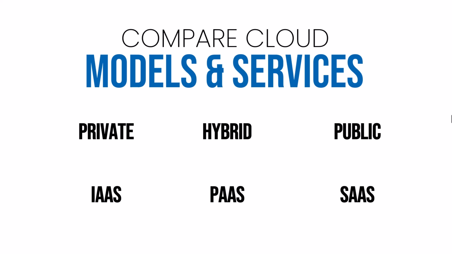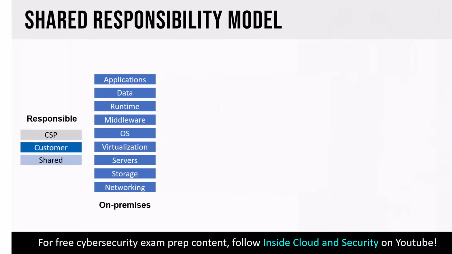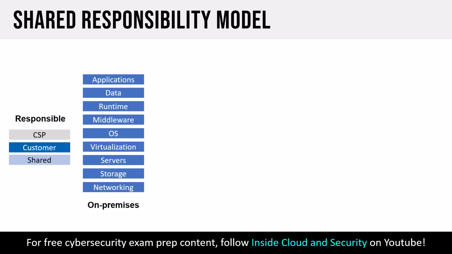The best way to approach these for the exam is to examine them through the lens of the shared responsibility model. In the beginning, responsibility is easy because on-premises, responsibility is 100% yours. On-premises, the customer owns 100% responsibility all the way down to the wire.